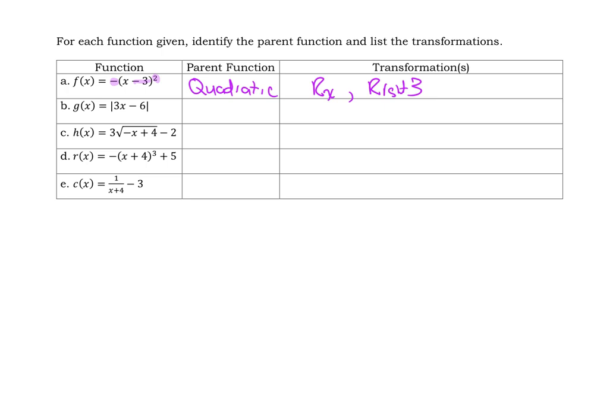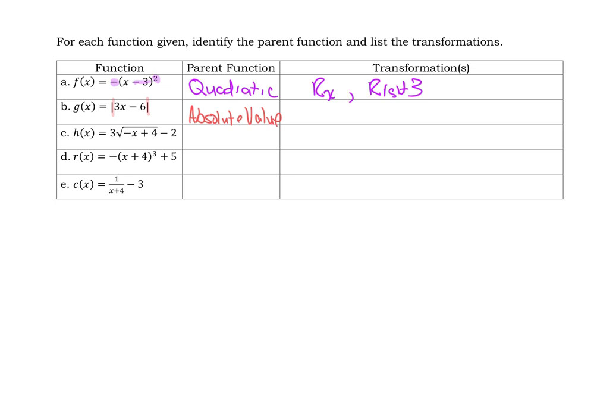The next one has these long bars, and hopefully you know that that's absolute value. This has a 3, which is a B value, so I need to factor that out. So 3 times x minus 2. Now that's factored out.